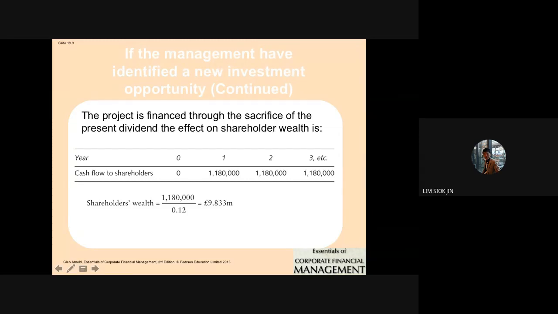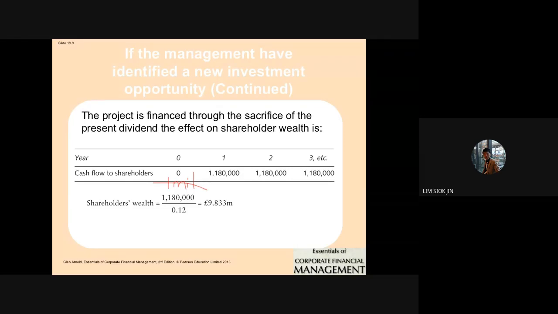because they decide to invest the 1 million, so let's say this one is cash flow to shareholder, originally it should be 1 million, right? But they choose to take up this project. So you take this 1 million and invest it into a new project, so that you don't get this dividend.